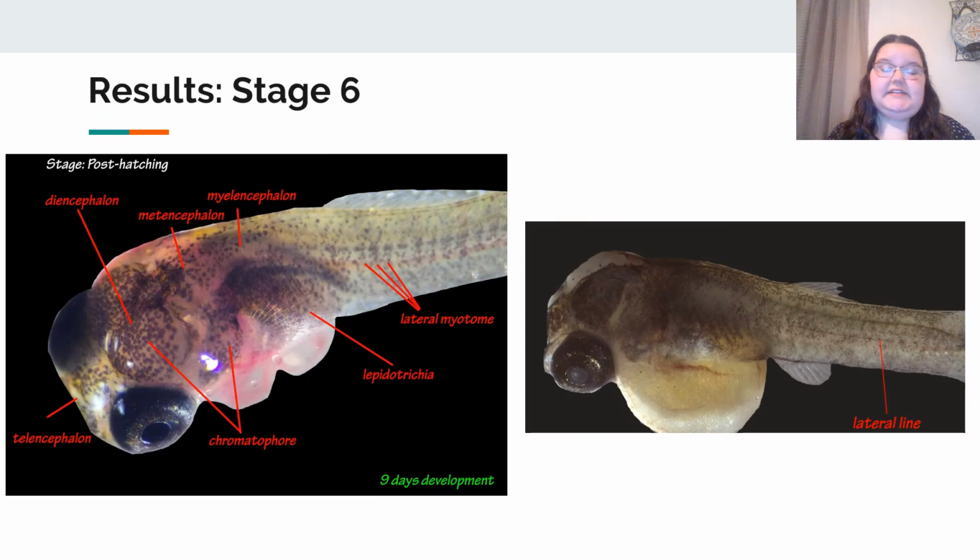And this leads to the sixth stage of development, which is the post-hatching stage. In this stage, the embryo has been in the brood pouch for a while and is beginning to really mature and eventually be ready for partition from the maternal brood pouch. You have differentiation of your brain, including the telencephalon, diencephalon, and mesencephalon and myelencephalon.